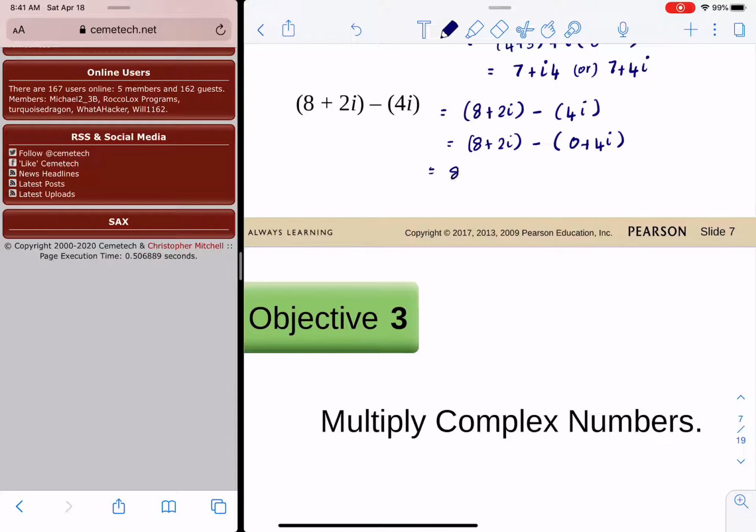So we have 8 plus 2i minus 0 minus 4i. I can combine the real parts, put an i, and I'll combine the imaginary parts, just the coefficients. So I have 8, 0, and there is a minus. 8 minus 0. 2, negative 4. 2 minus 4. 8 minus 0 is 8. And i times negative 2, which is 8 minus 2i.